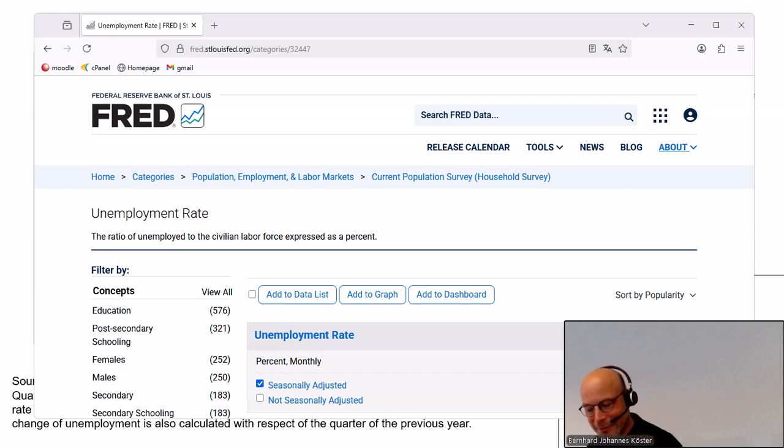And therefore I created myself a possibility within Excel just to change monthly data into quarterly data into yearly data, calculating different averages.